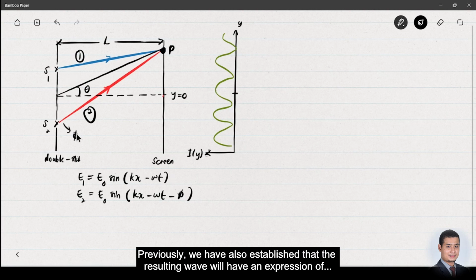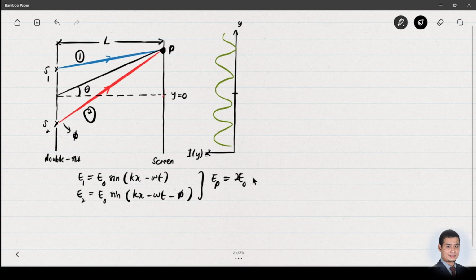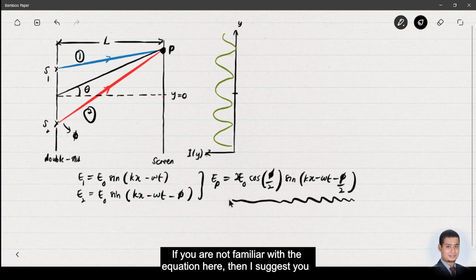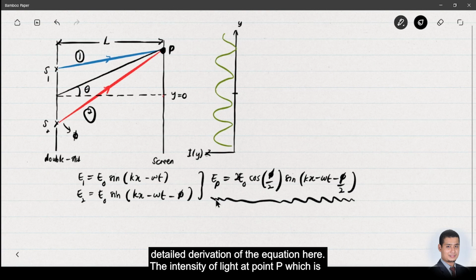Previously, we have also established that the resulting wave will have an expression of. If you are not familiar with the equation here, then I suggest you watch the video for module 4, where I have presented the detailed derivation of the equation.